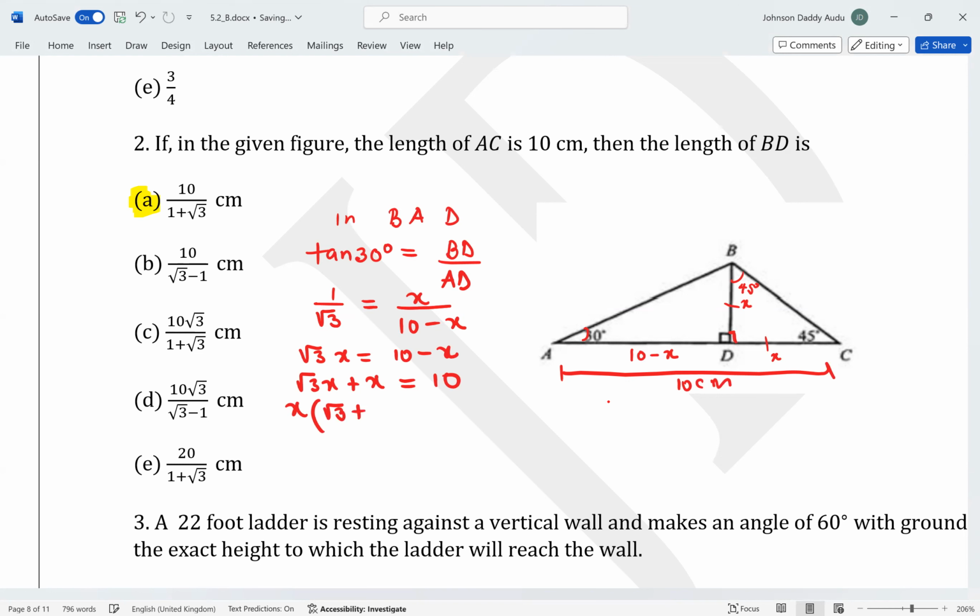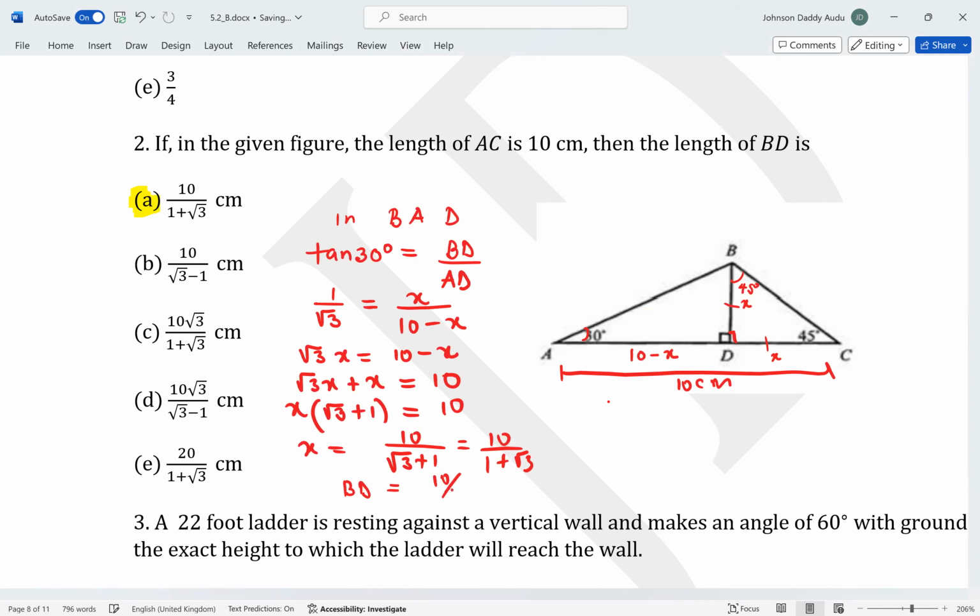So you have X times root 3 plus 1 is equal to 10. So X is going to be 10 over root 3 plus 1, which is the same thing as 10 over 1 plus root 3. And that is X. But X is our BD. So we can say that BD is 10 over 1 plus root 3.